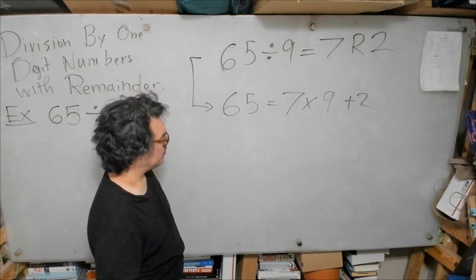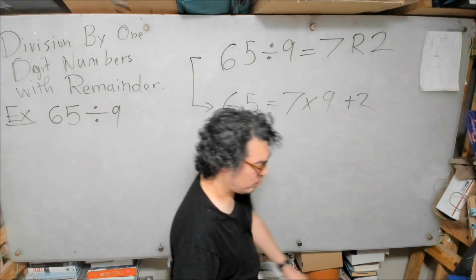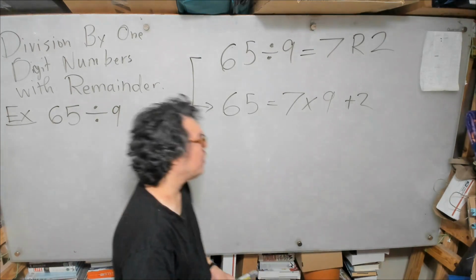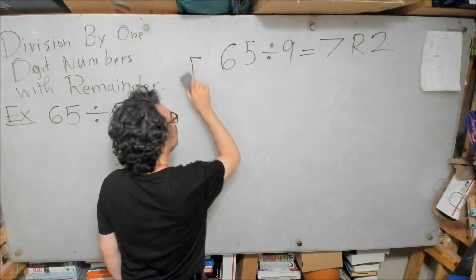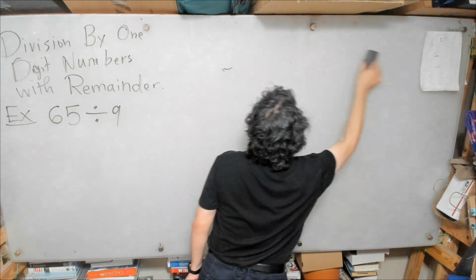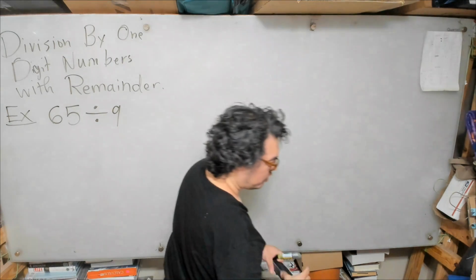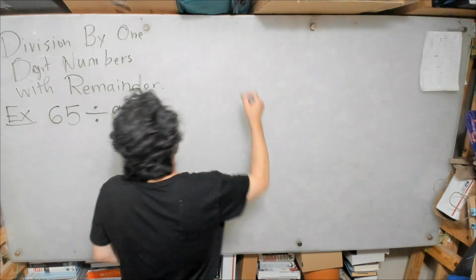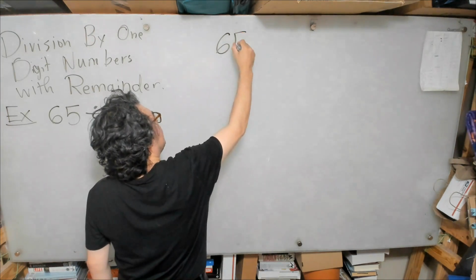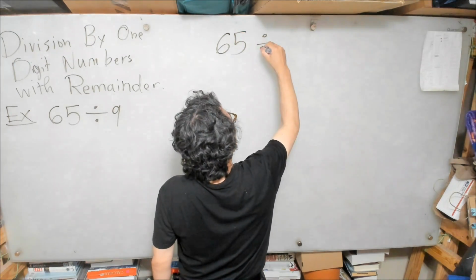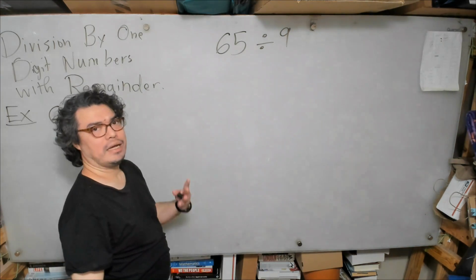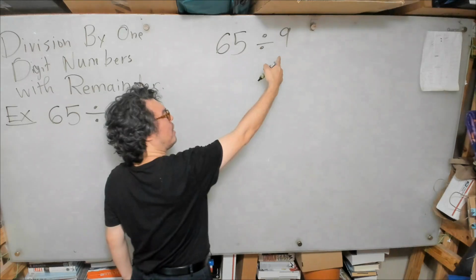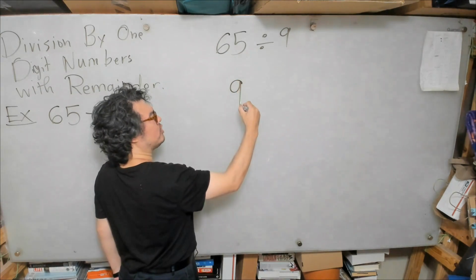So now, before we proceed, I want us to again look at the long division notation. How would we do this with the long division notation? We want to do 65 divided by 9. So what we do is we place the 9, which is the number we're dividing by, outside of the division house.